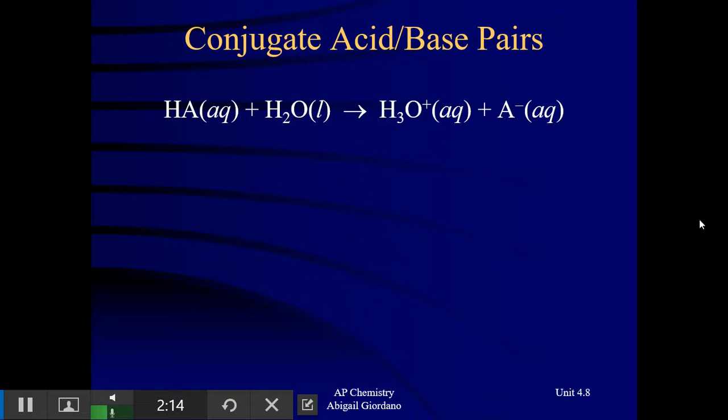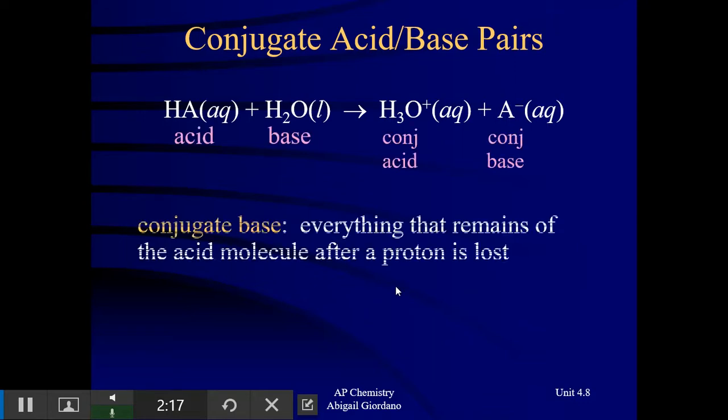Now, there's a little bit more vocabulary here. There's a new vocabulary term for you, conjugate base. It's whatever is left of the acid after it has done what acids do. After it has given away its hydrogen ion, what is left of it? Well, if you look at the example above, that would be A-. That's called the conjugate base.